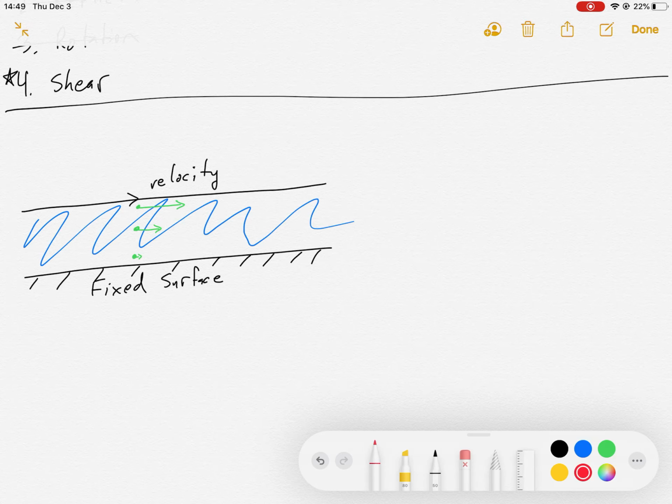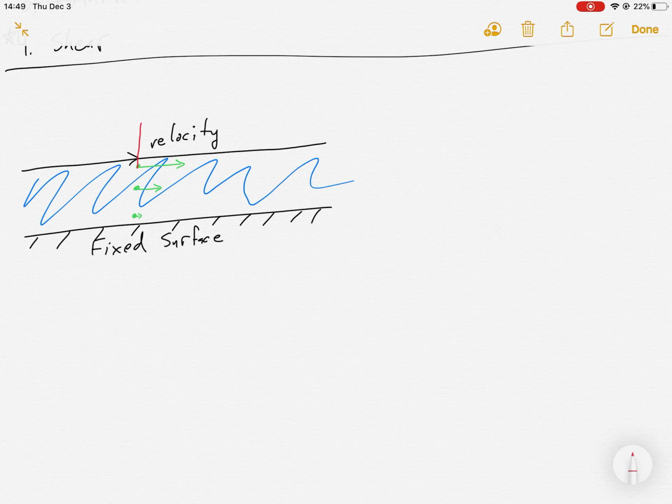So what we can think of then is if I have my xy plane fixed here, then we would say that the y values are all staying the same. So notice these y values are fixed.